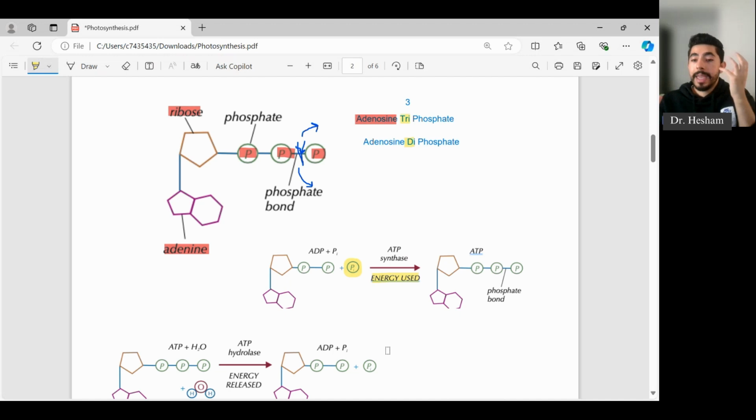And after this ADP and phosphate have joined together, I have a molecule with 3 phosphate groups called ATP, or adenosine triphosphate. And this molecule has all of the energy that I put in stored inside of it, in that phosphate bond which I created.